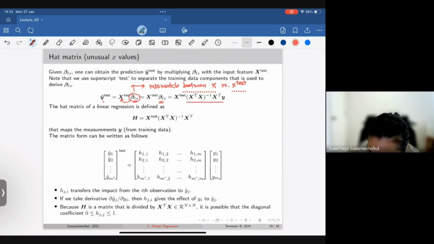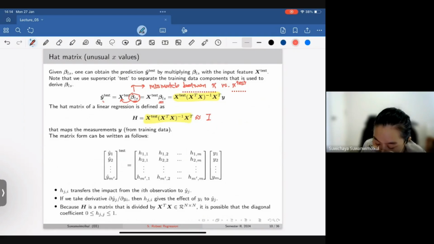Then we can see that if you just consider X test and X train here, it can be written as a matrix hash. And if X test can well represent the training, or the training can represent the testing, then this should be about identical, like an identity matrix.